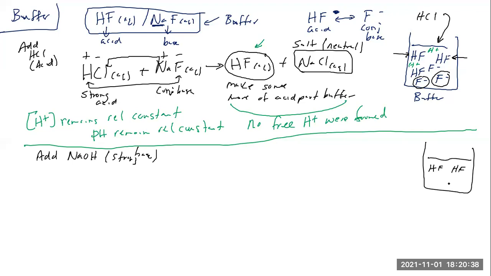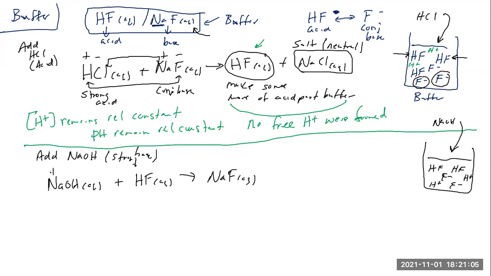We have a little bit of H plus and some F minuses floating around. So if we take some sodium hydroxide and we dump it in here, because sodium hydroxide is a strong base, it is going to react with the acid part of the buffer. So we will get sodium hydroxide plus hydrofluoric acid. We will then produce sodium fluoride. Again, double displacement reaction.